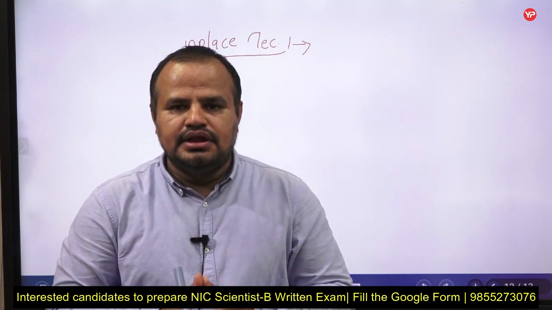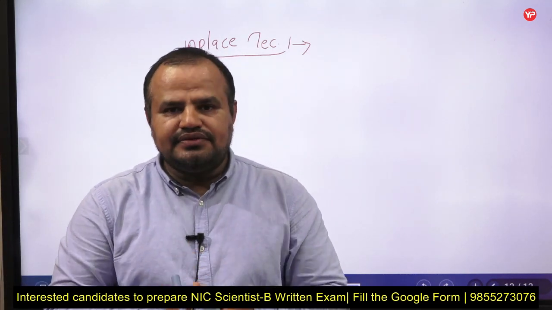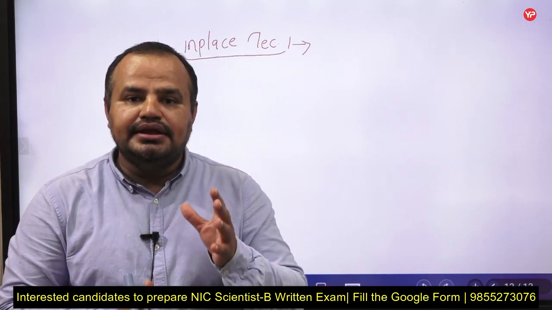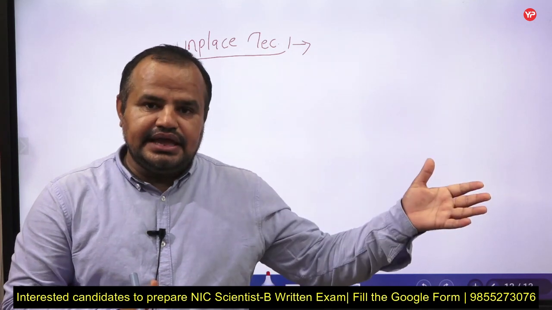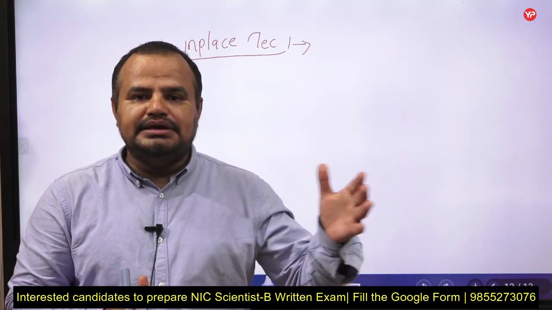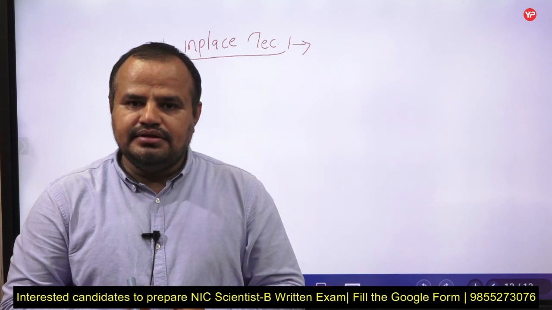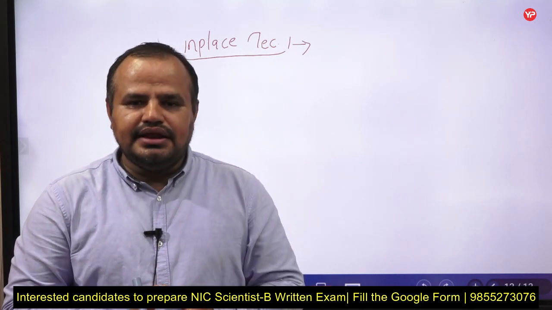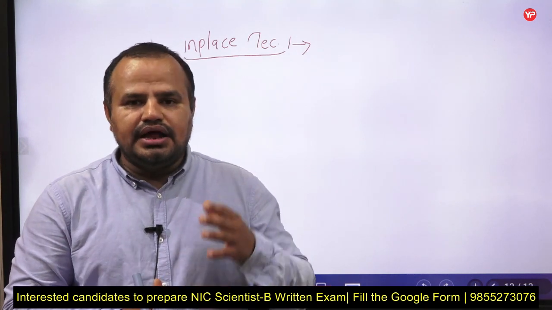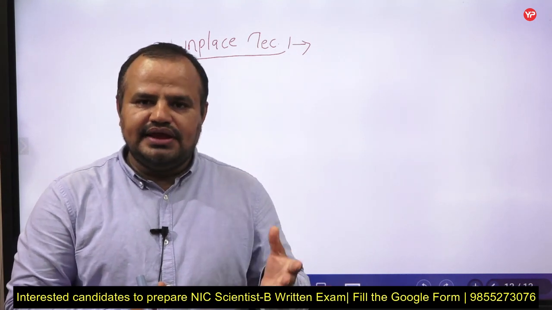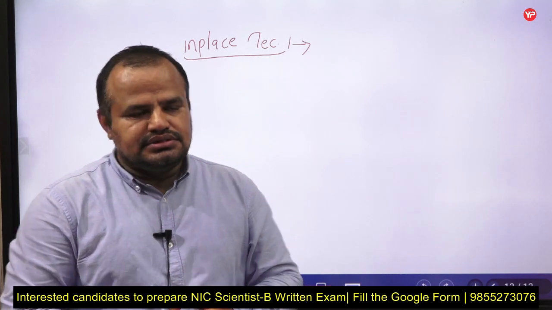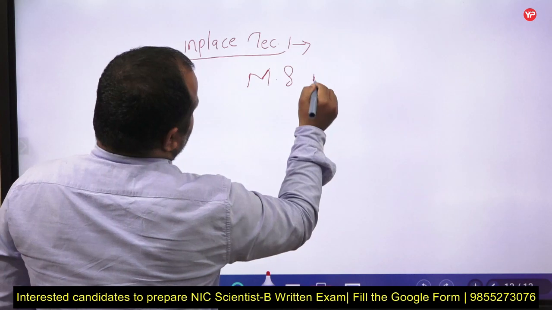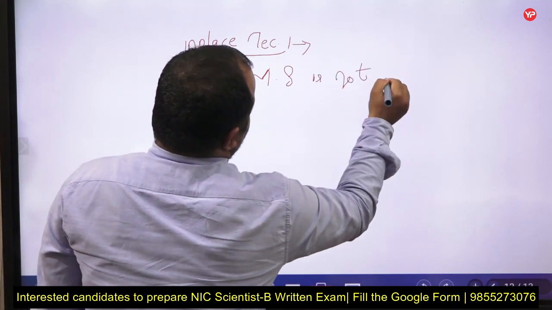Now tell me, does merge sort take any extra space? Yes, to sort two sorted subarrays, I require one extra array of size m plus n. If my first subarray size is m and the next subarray size is n, I required a new array of size m plus n. That's why merge sort is not in place.